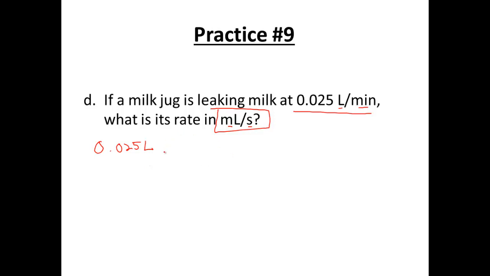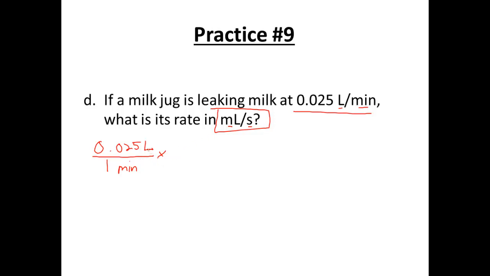And our second step now is divided by minutes, or per minute. If you want to, you could put 1 in here. It's the same idea, liters per minute, liters over minutes. I just put 1 in here just to show it's every minute 0.025 liters is being leaked out.